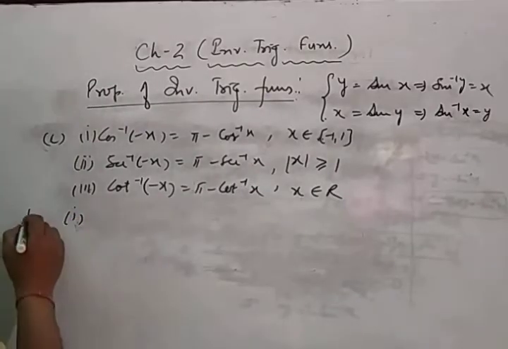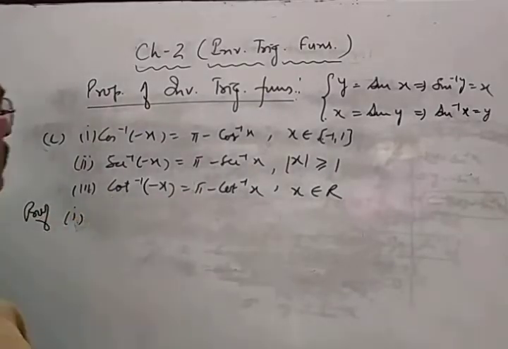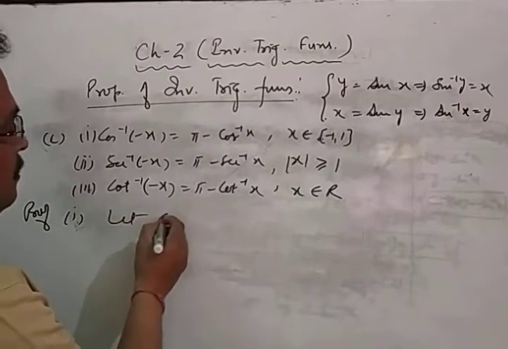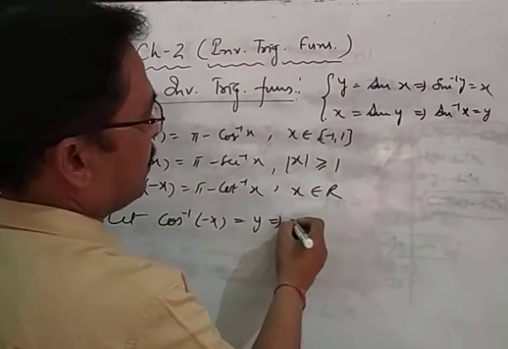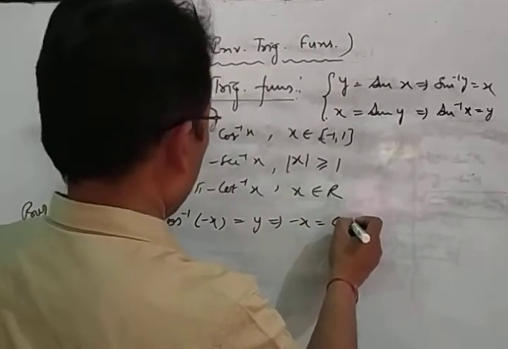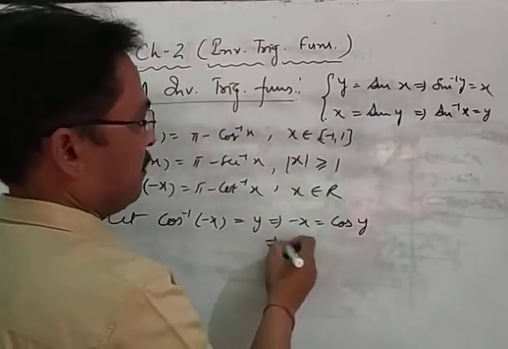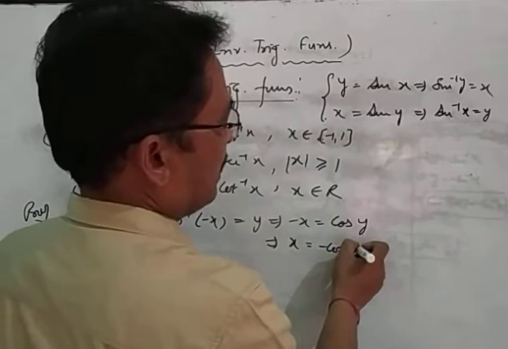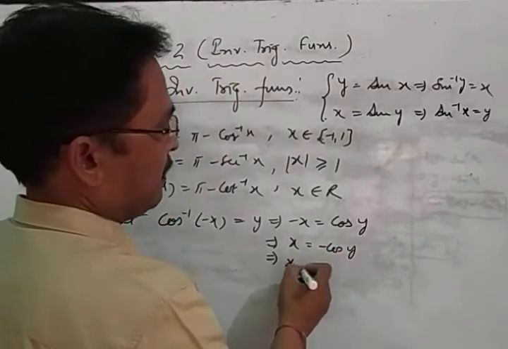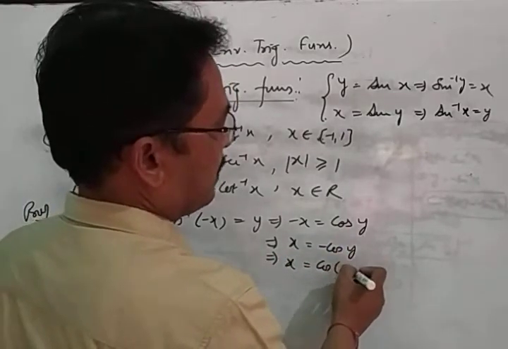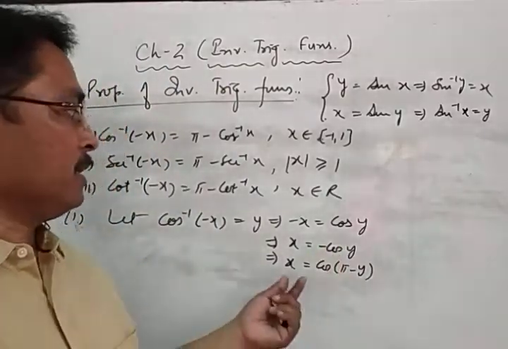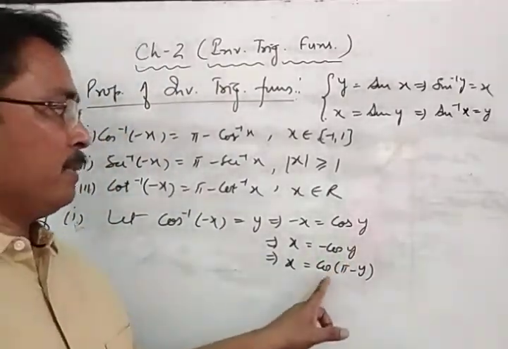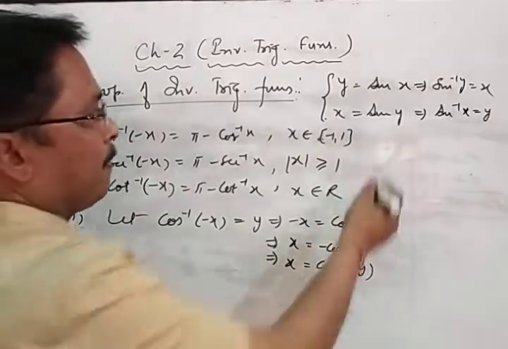First part, proof. Let cos inverse of minus x equal to y, so this implies minus x equal to cos y and x is equal to minus cos y, or you can write x equal to cos of pi minus y. Since cos of pi minus theta equal to minus cos theta, therefore minus cos y can be written as cos of pi minus y.